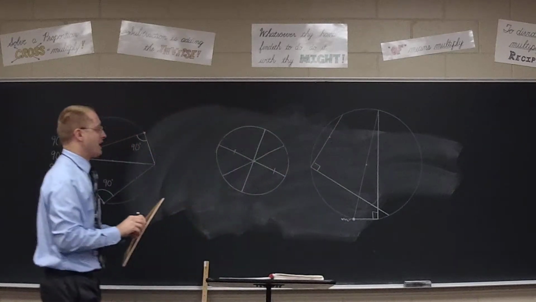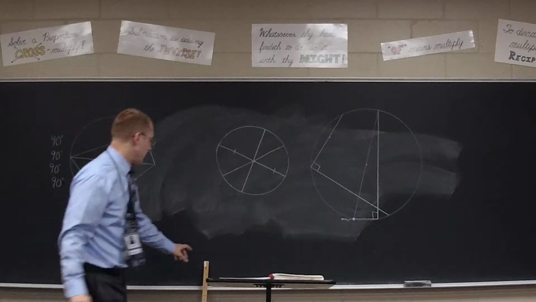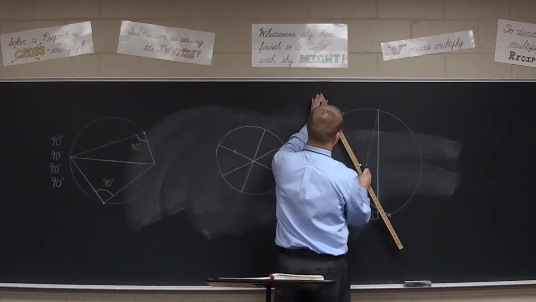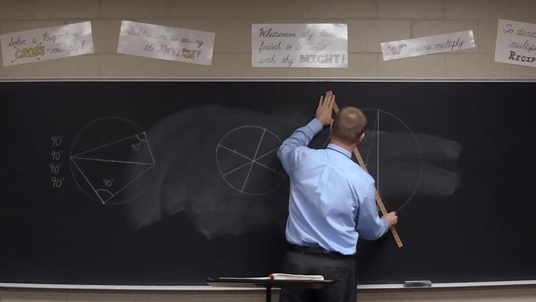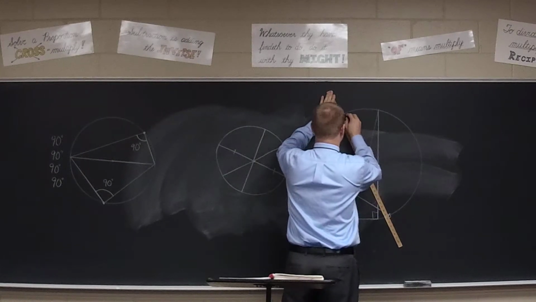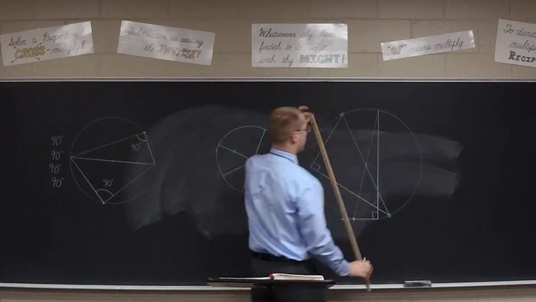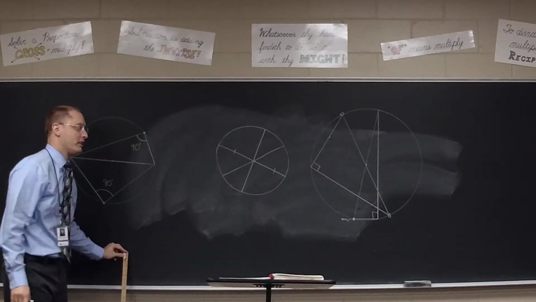Alright, so get your right angle. And once again, you've got two free ends here. Connect them. See if it goes through the center of the circle. Mine just kind of nicked the edge of my center dot there.